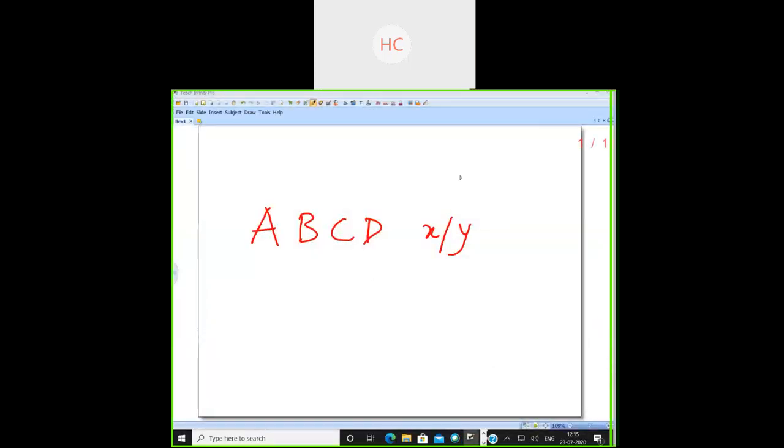Suppose A, B, C, D, and numerical values, suppose X and Y. So we have 4 alphabets and 2 numerical values.